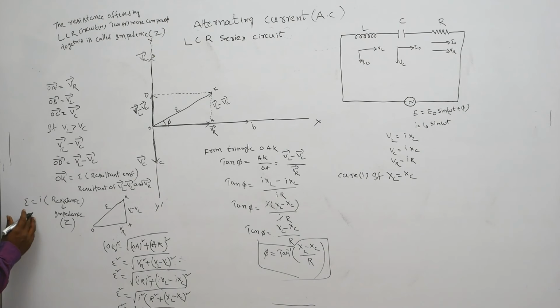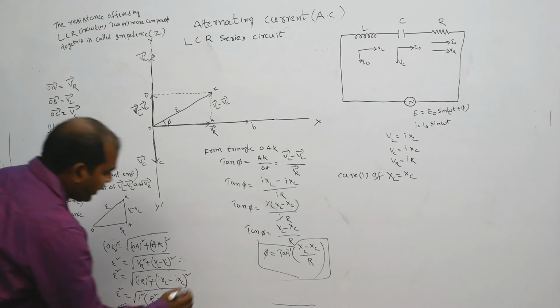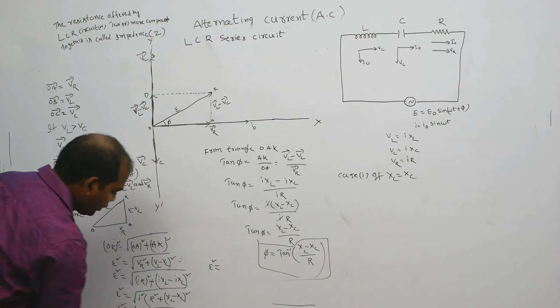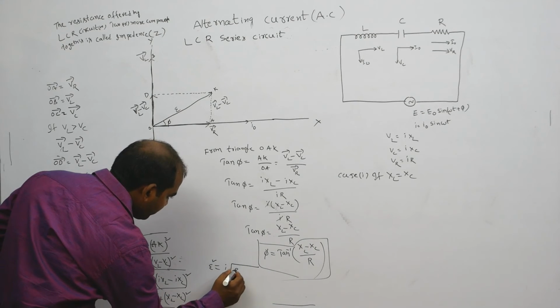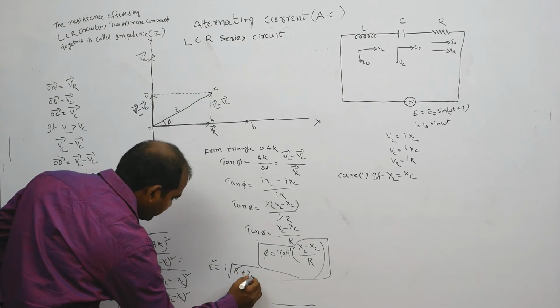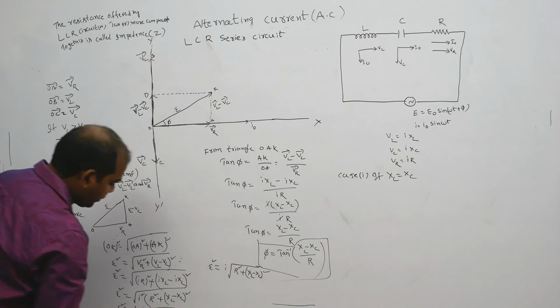So we can write the resultant EMF E value as I into Z. Similarly, this E square can be written as I into the square root of R square plus XL minus XC whole square. We got this expression here.